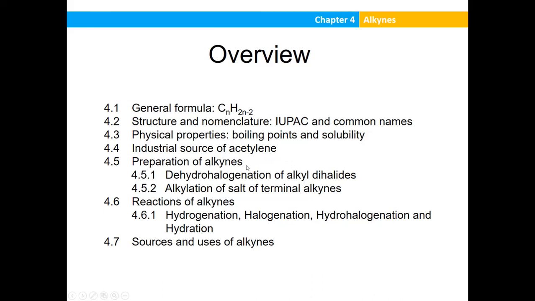Preparation of alkyne, which is related to dehydrohalogenation of alkyl halide and alkylation of salt terminal alkyne. And reaction of alkyne involves hydrogenation, halogenation, hydrohalogenation, and hydration. And finally, sources and uses of alkyne.